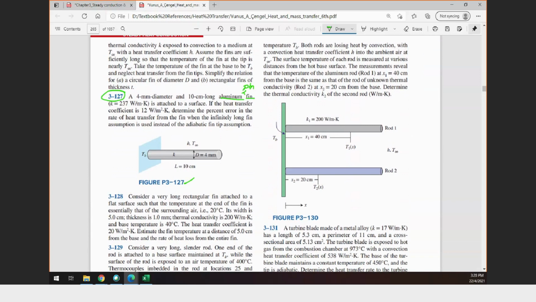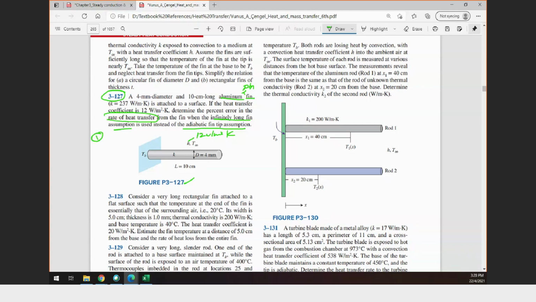If the heat transfer coefficient is 12 watt per meter squared Kelvin, there is an error in the rate of heat transfer when the infinitely long fin assumption is used instead of the adiabatic fin assumption. So they ask you to calculate the rate of heat transfer.